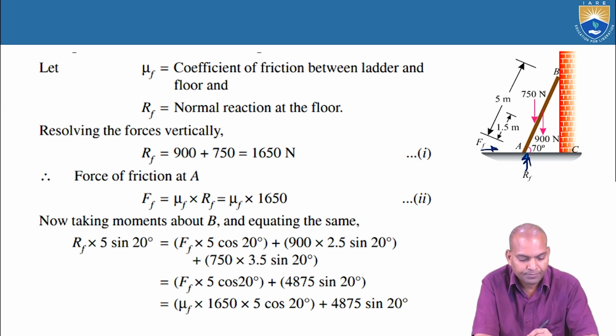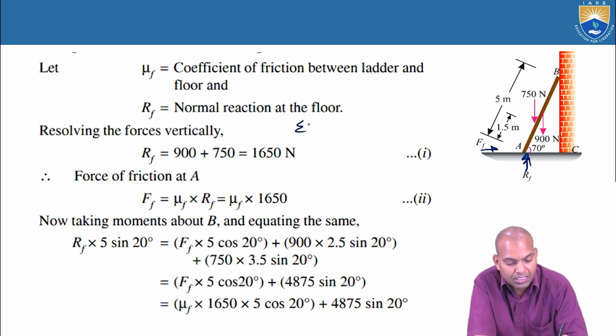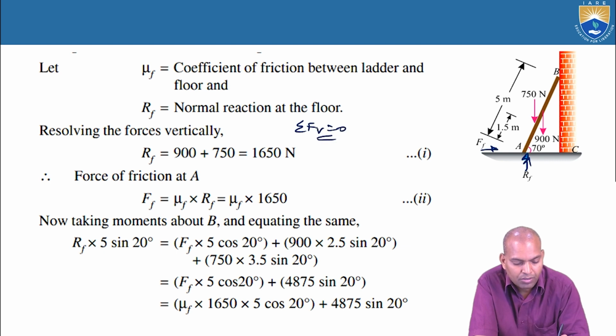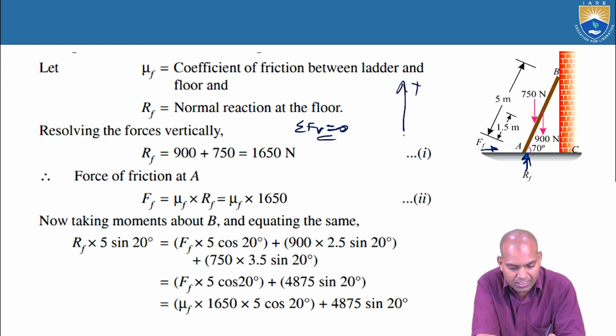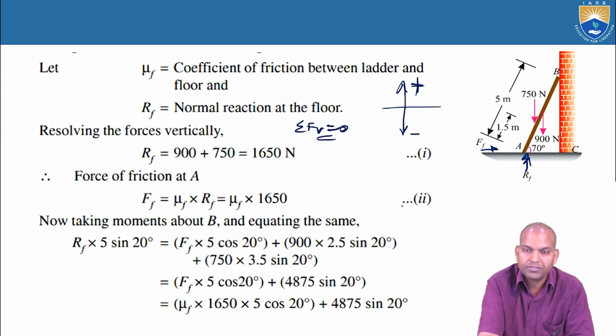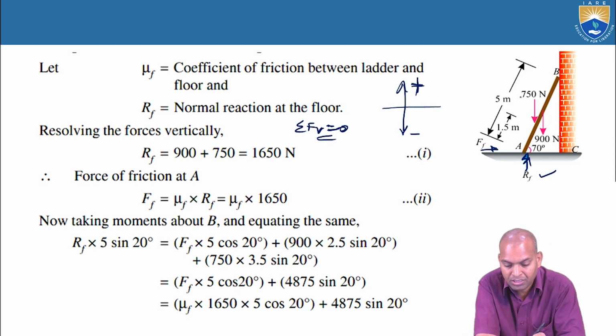Now we apply the vertical equilibrium condition, sigma FV equal to 0. That is, the algebraic sum of all vertical forces equal to 0, or upward forces equal to downward forces. Upward forces are considered positive and downward forces negative. The upward force is RF, the normal reaction.